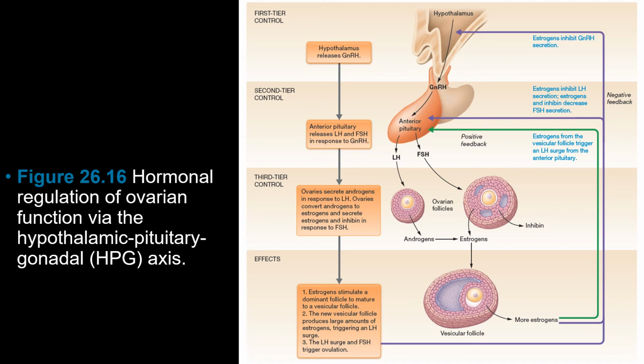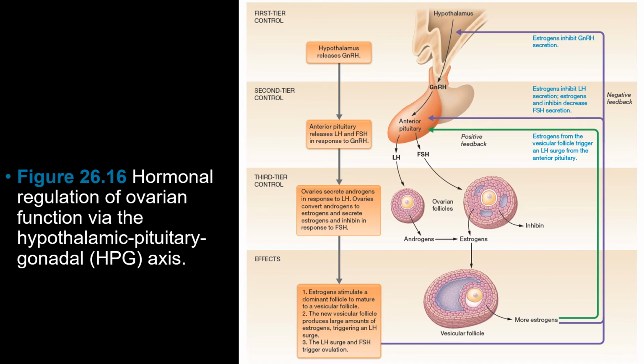Then you have the effects: the estrogen stimulates one dominant follicle to mature to a tertiary follicle, or a vesicular follicle, and the new vesicular follicle will now produce large amounts of estrogens, triggering the luteinizing hormone surge. The luteinizing hormone surge and follicle-stimulating hormone together trigger ovulation.